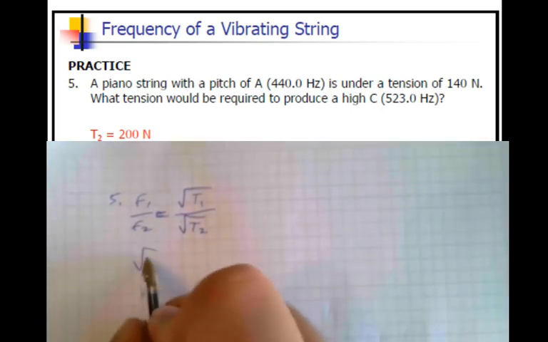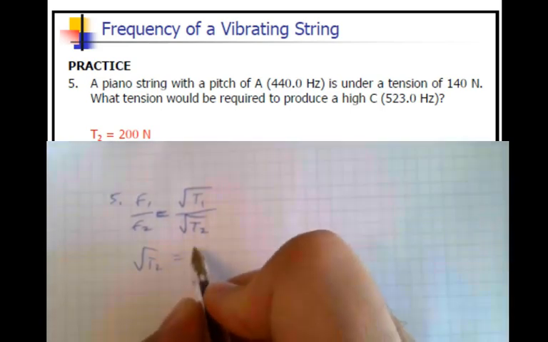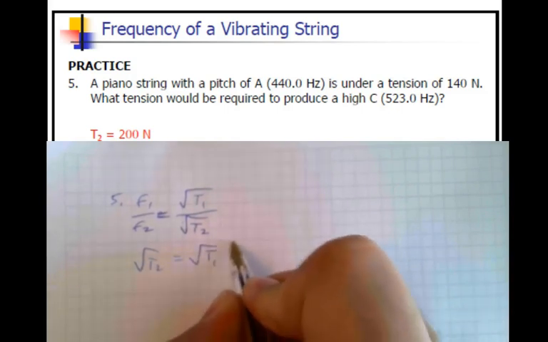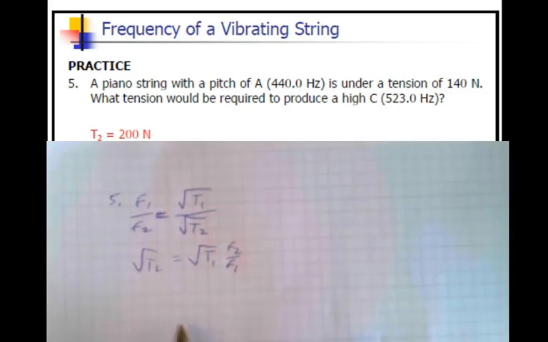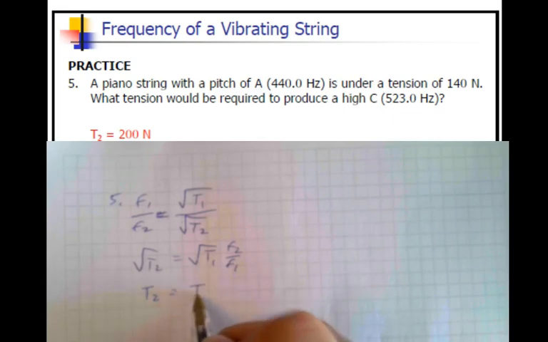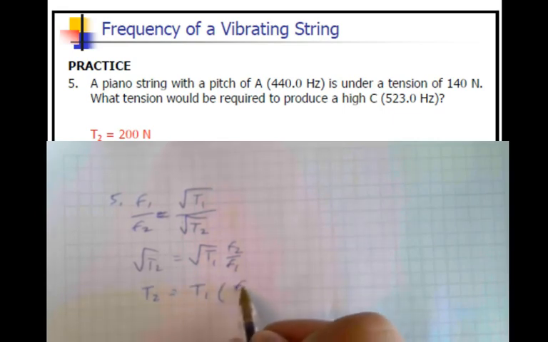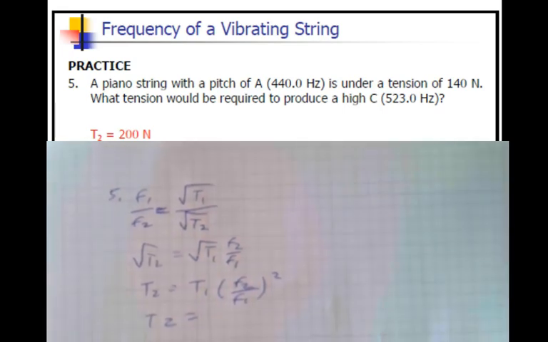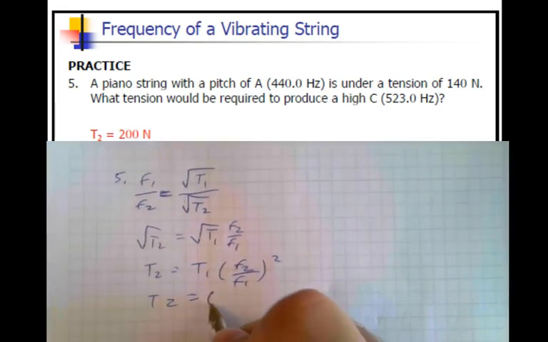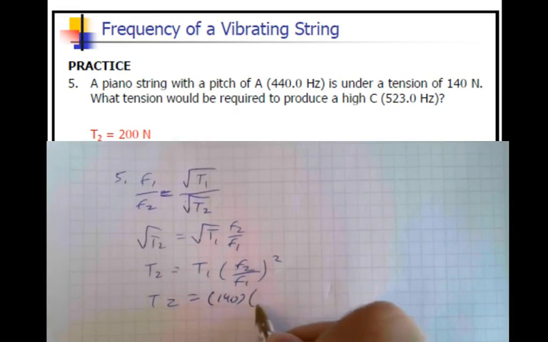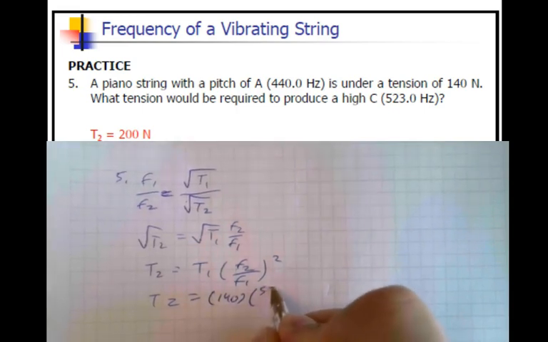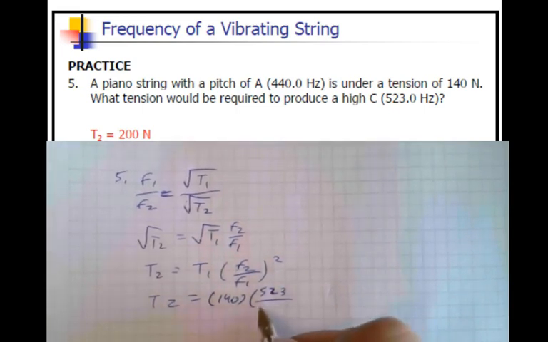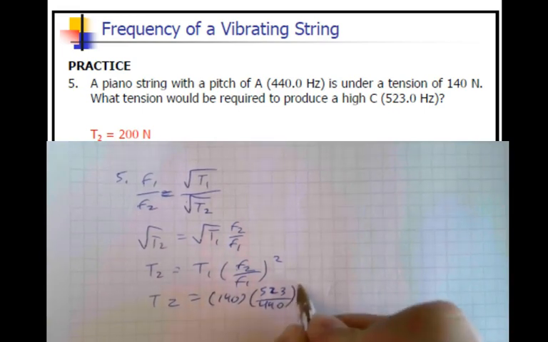I need to rearrange for T2, so I get T1 times F2 over F1, and then I square both. So T2 equals T1, which is 140, times F2, which is 523, over 440, and I square that.